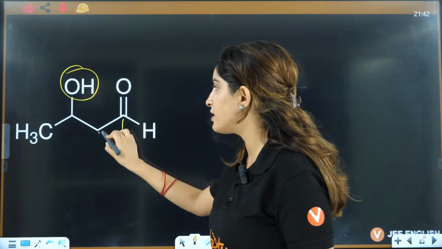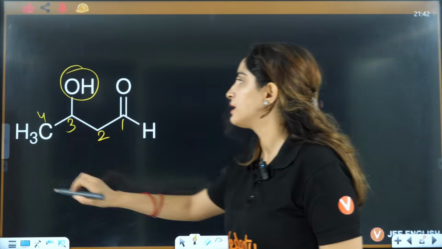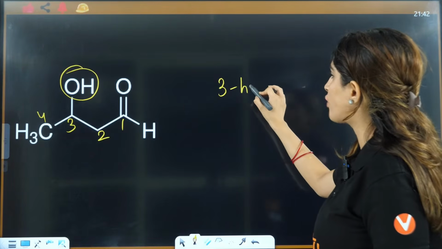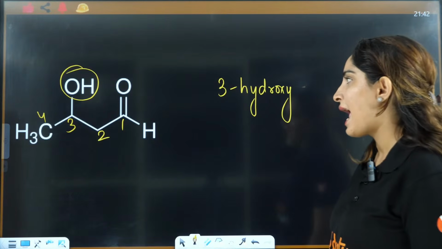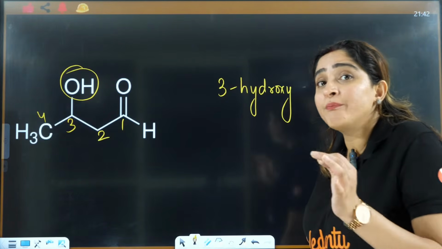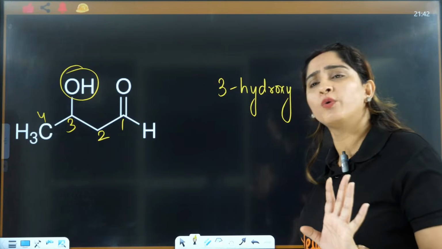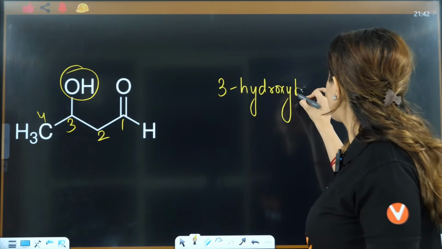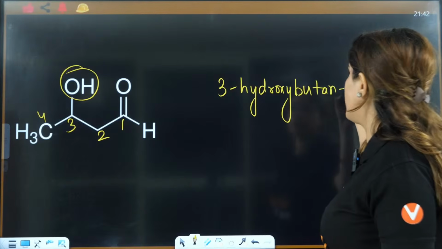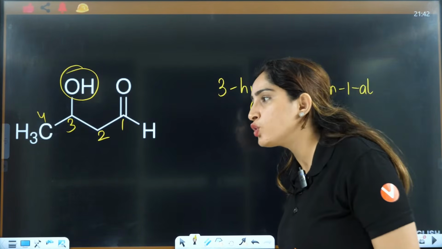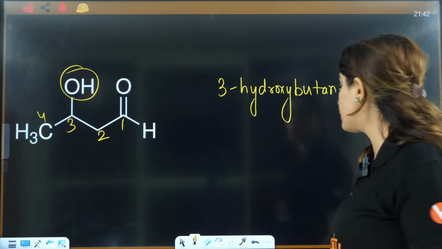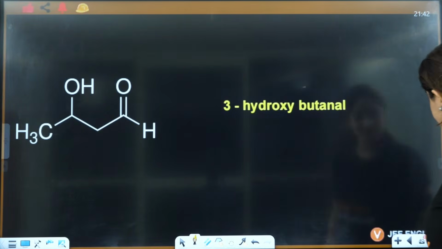It will be numbered 1, 2, 3, 4, so it will be 3-hydroxy. And when aldehyde is the main group, it is simply al. So it will be written as butane-1-al, butanal.